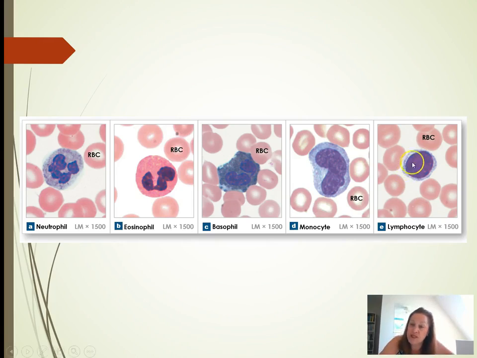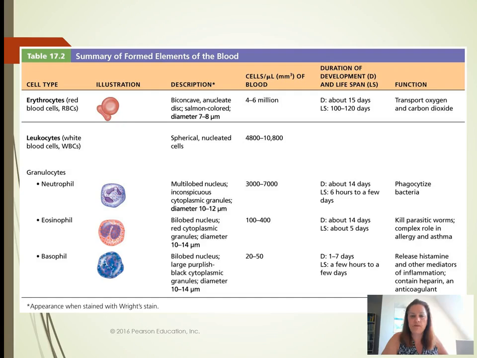B lymphocytes produce antibodies, right? And that's this guy. You can tell it's a lymphocyte because the nucleus takes up almost the entire cell. Then lastly, we have our monocytes, 3 to 8% of white blood cells. They are also phagocytotic, and they're going to activate the lymphocytes. So these guys actually work together. But the neutrophil and the monocyte are bacteria killers.